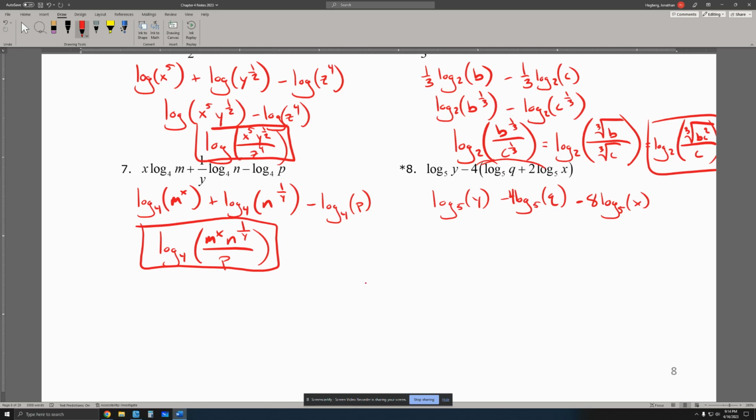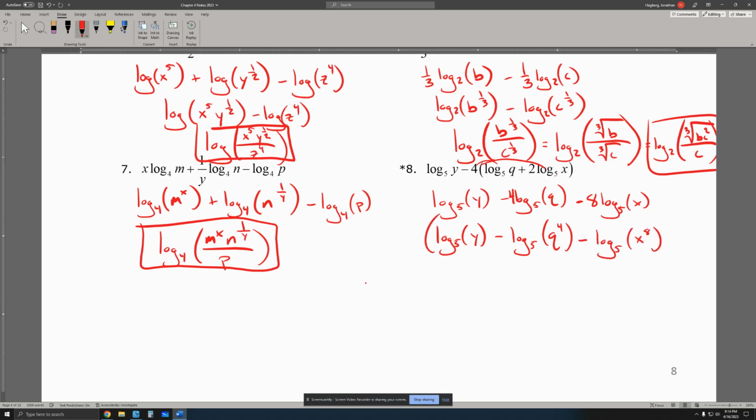Before we group, let's deal with those coefficients. So we have log base 5 of y, and then minus log base 5 of q to the 4th, minus log base 5 of x to the 8th.